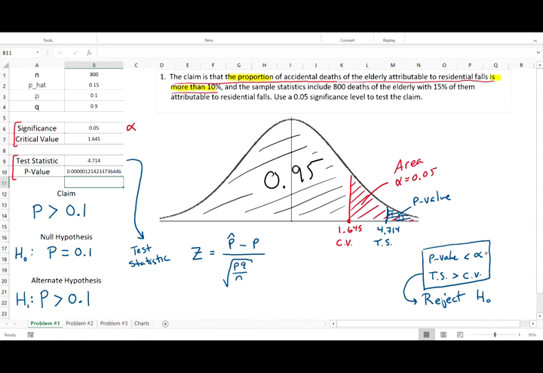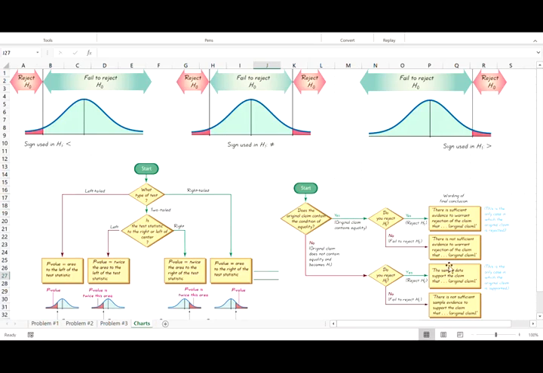Okay, now this is not the final answer. The final answer is some statement about the original claim. And to make that statement, you could go to this fourth sheet down here, charts, and we have this flow chart. So, does the original claim contain the condition of equality? No, it contained greater than. Did we reject the null hypothesis?